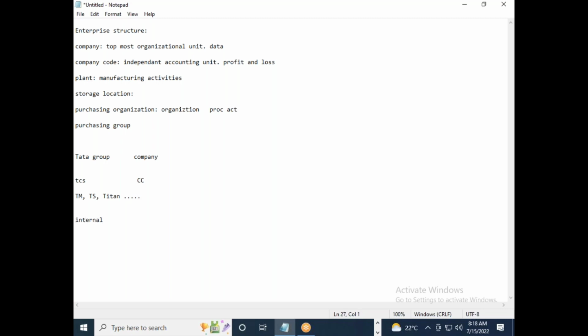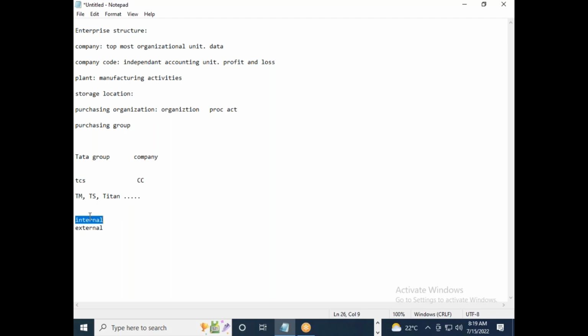These two are very, very important. At the time of interview, they will ask what the different kinds of procurement are in material management. One is internal procurement, another is external procurement. Internal procurement means you are getting the material from the nearby plants of your company.